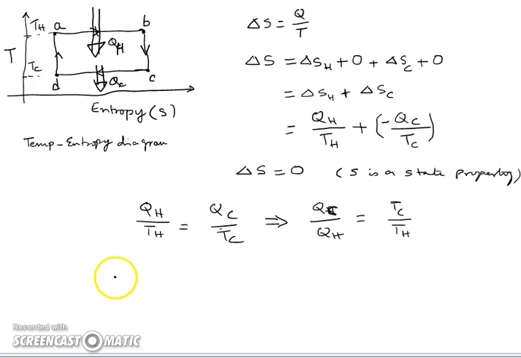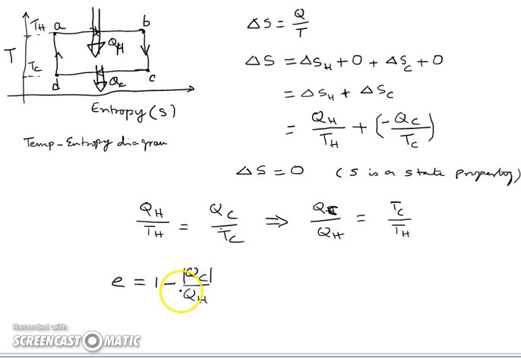So from the previous slide, we know that efficiency we defined as 1 minus QC over QH. That's what we saw for a heat engine. And these QC and QH are absolute values, right?